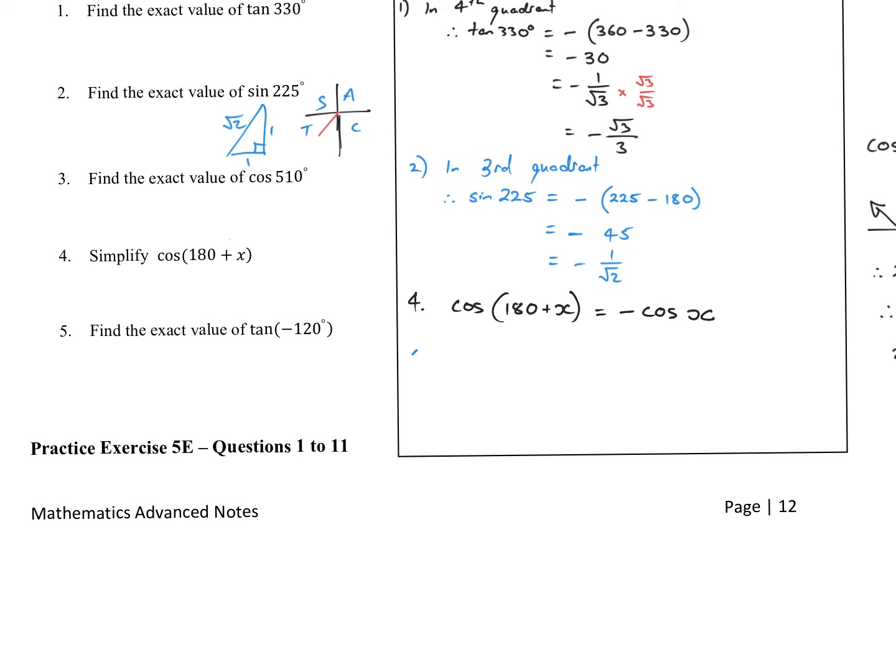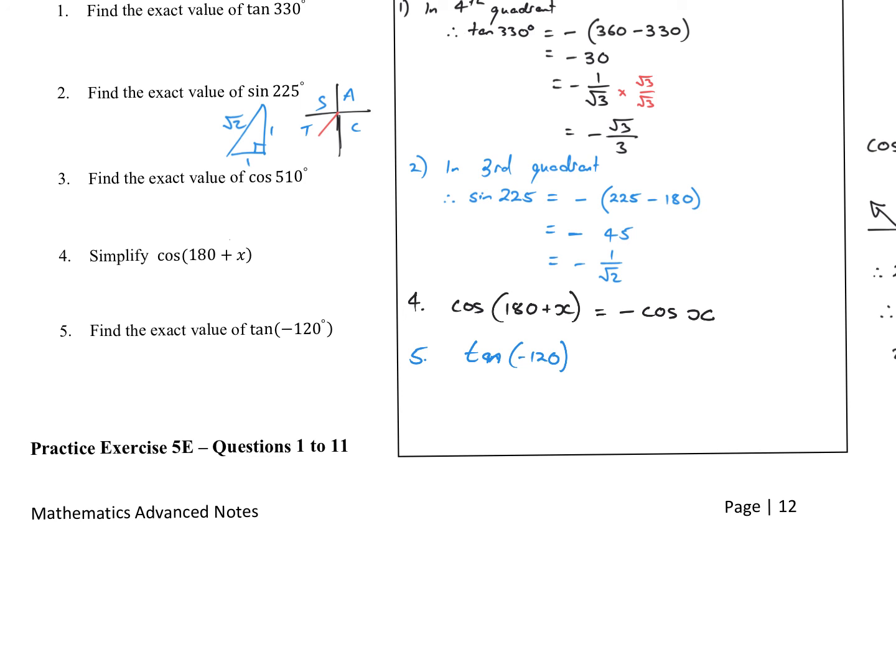Okay. Find the exact value. So last question, find the exact value of tan negative 120. So at this point, tan is actually positive. Like the coefficient of tan is positive. Does that make sense?